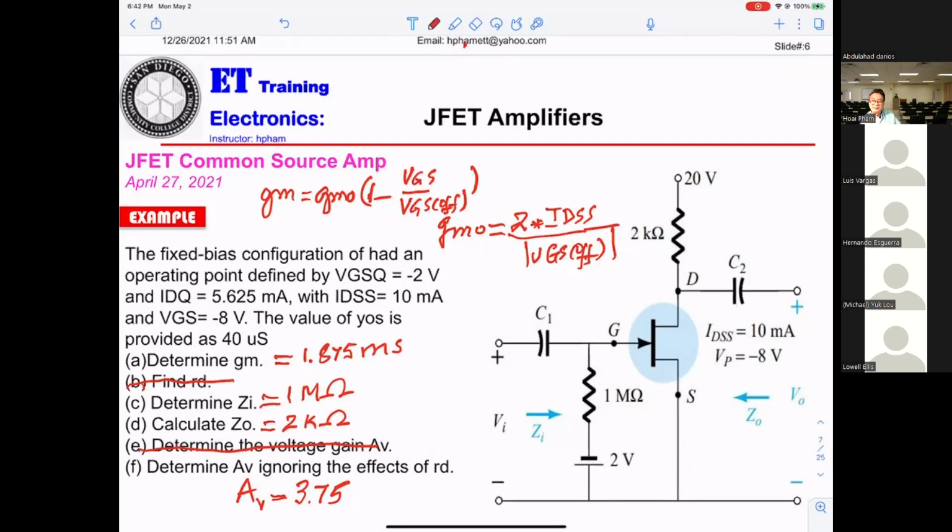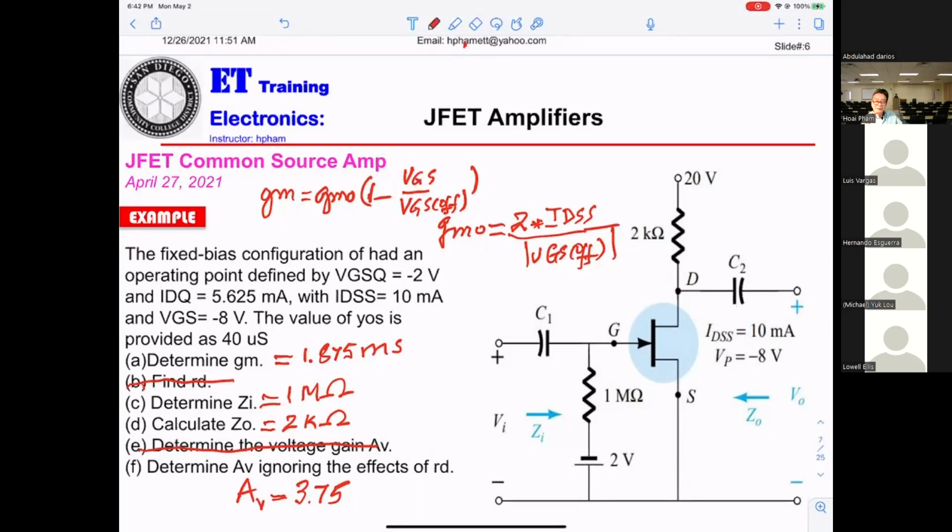Yeah, I see some students in the chat telling what the application is. Okay, I have no idea. JFET will be used anywhere, when they need it or when they want to meet the designer's requirement.